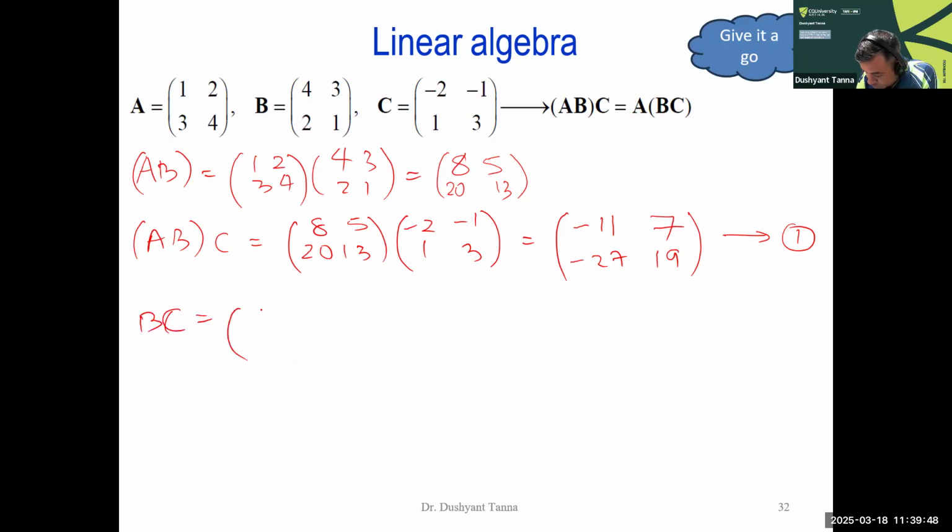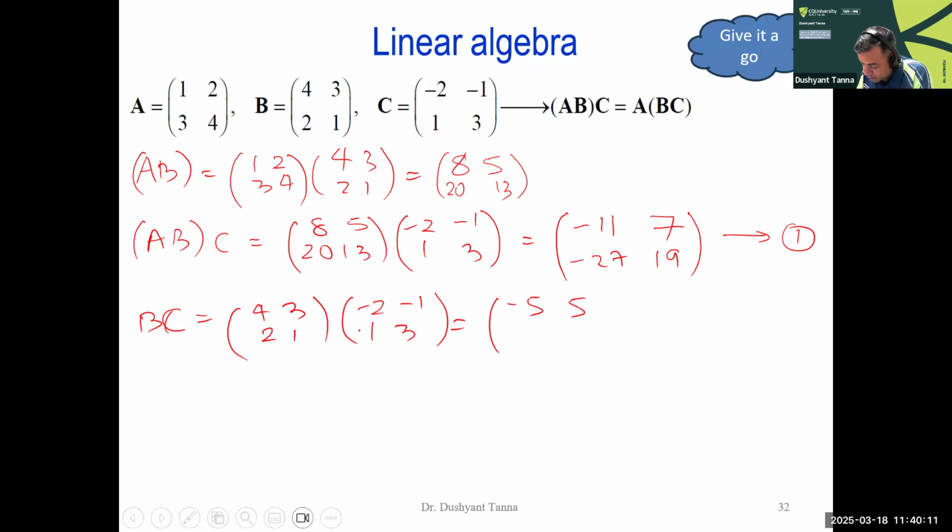Now we obtain BC. B should come first, so 4, 3, 2, 1 times minus 2, minus 1, 1, and 3. 4 with minus 2, 3 with 1, so that is minus 5. 4 with minus 1, 3 with 3, so minus 4, that's, can I say plus 5?